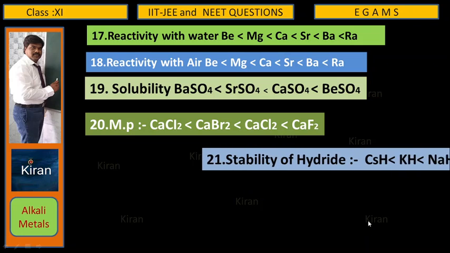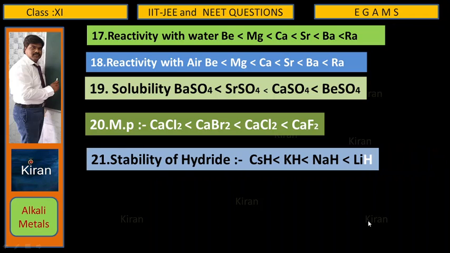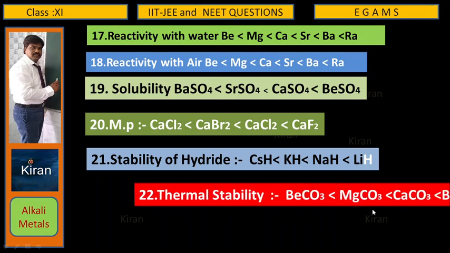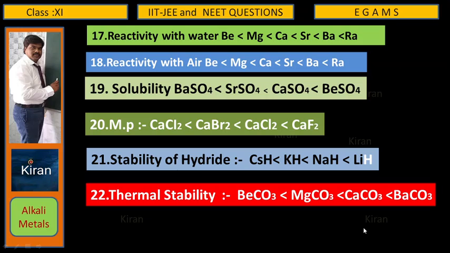Stability of hydrides, CaH2 and LiH. LiH is more stable because the internuclear distance is very small. The lithium atom is small as well as the hydride, so the attraction force between these two ions is high. Thermal stability: beryllium carbonate is less than magnesium carbonate, which is less than calcium carbonate, which is less than barium carbonate.